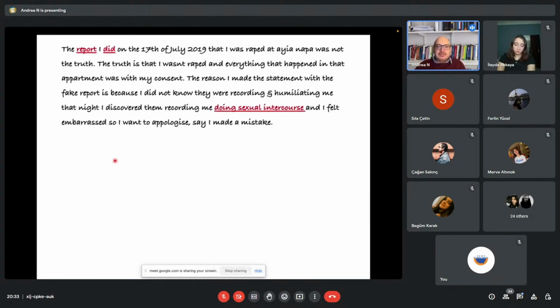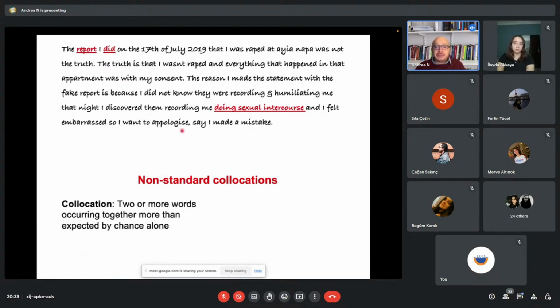So one piece of evidence in this paragraph was the use of non-standard collocations. So, for example, the report I did, or doing sexual intercourse. So a collocation is a co-occurrence of two or more words that occur together more often than expected by chance.